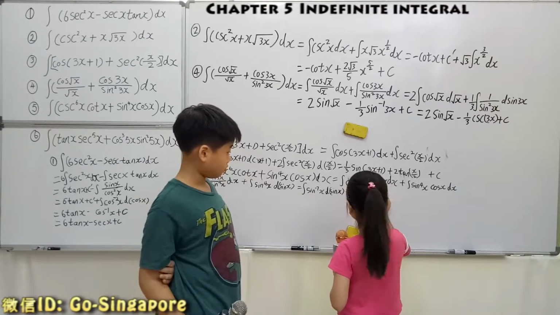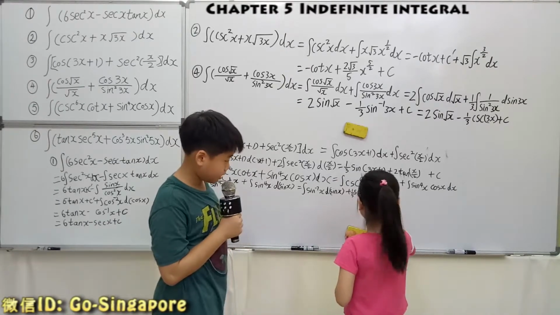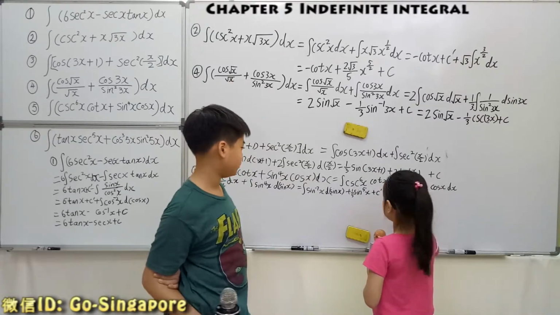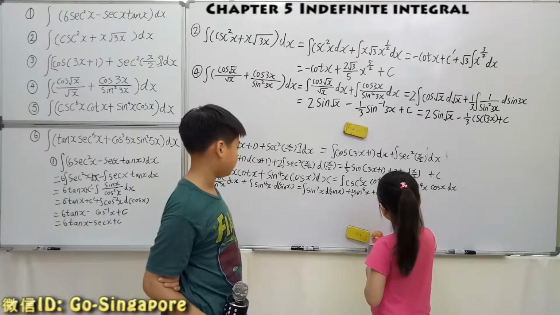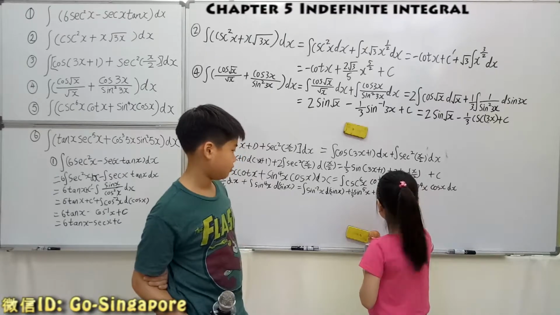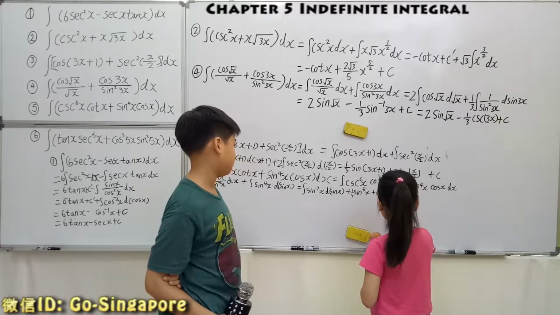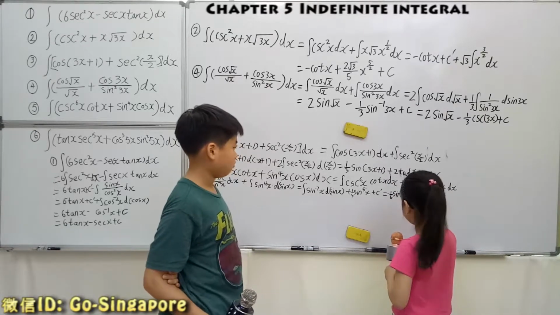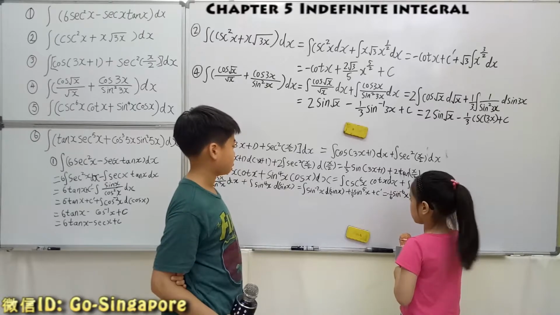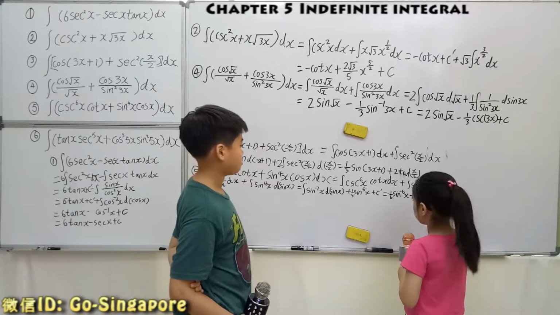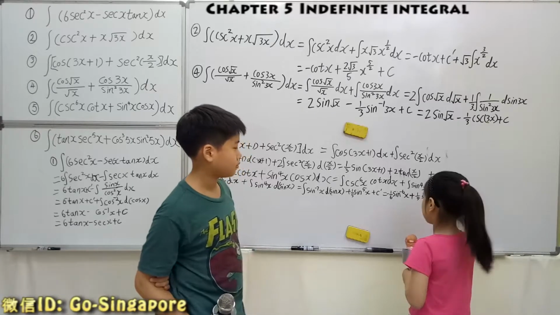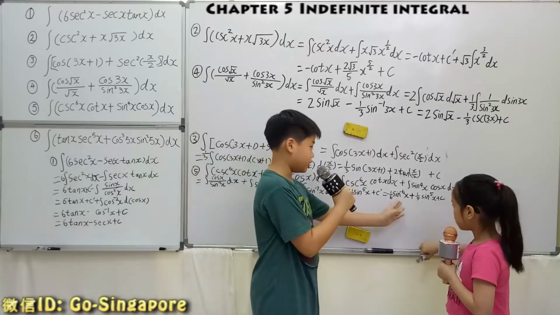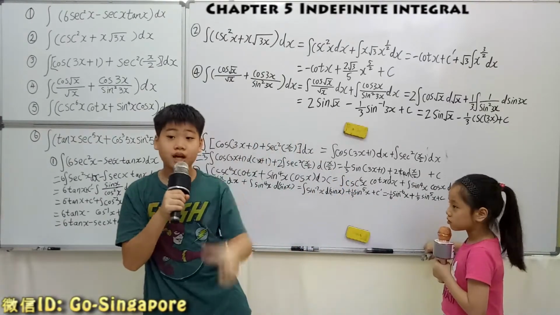Then, are you missing something? And then you can change this to, remember, inverse sine is a cosecant.